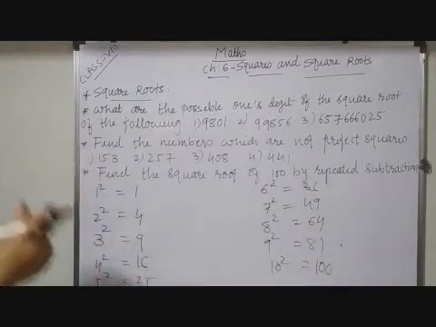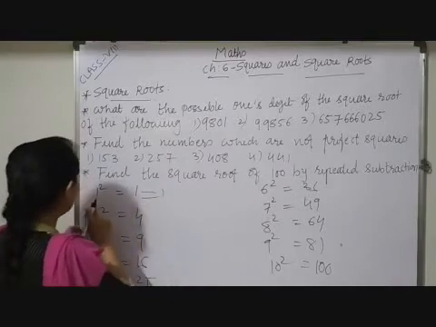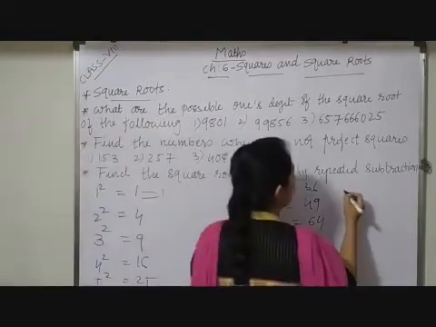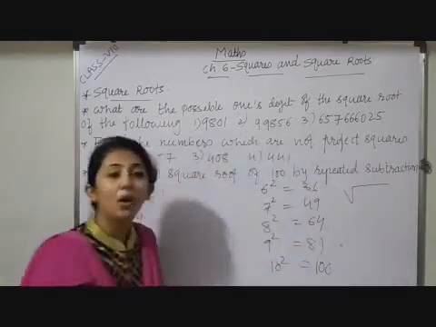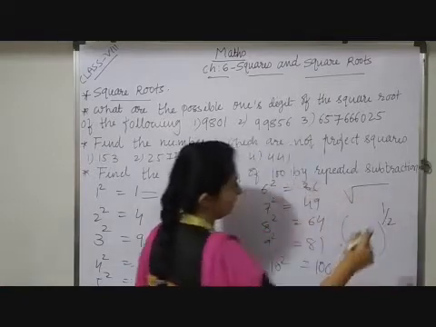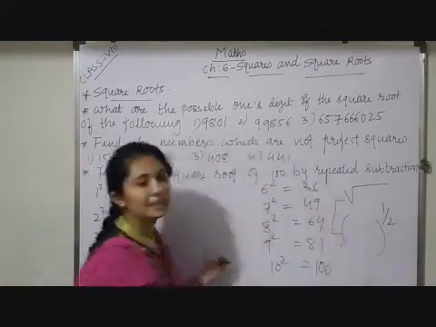Now if I do the inverse and want to find the root, we denote square root basically by this symbol, or we can write it as a bracket with the power 1 by 2. The meaning of both is the same.